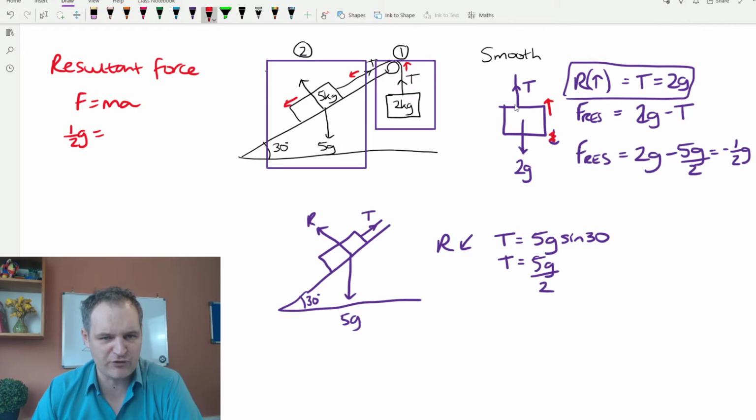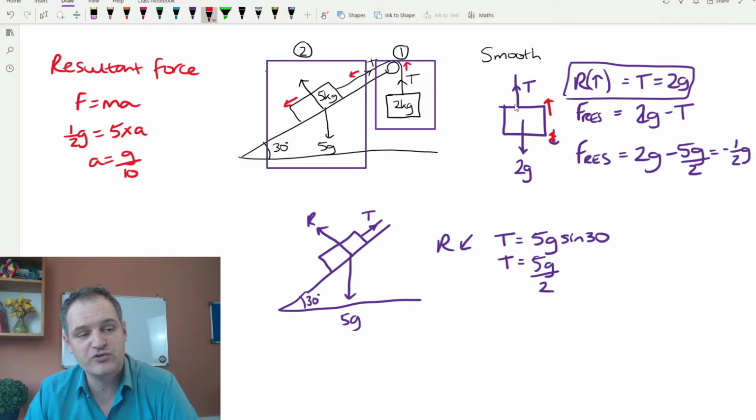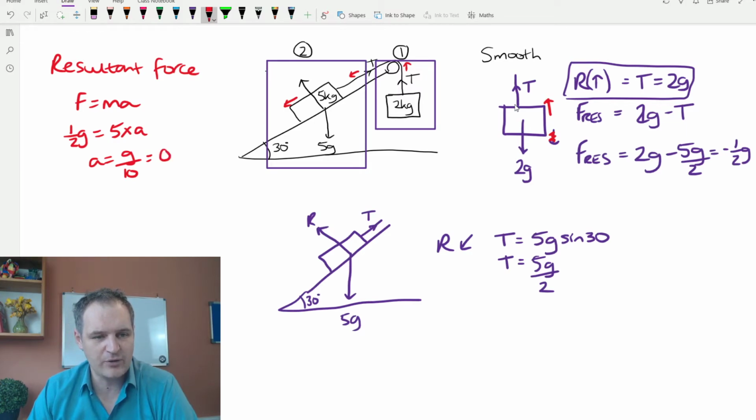So this object has force and acceleration, so it's mass times acceleration, 5 times a. So a equals g over 10. It's been slowed down an awful lot. It's only 0.98 meters per second squared now.